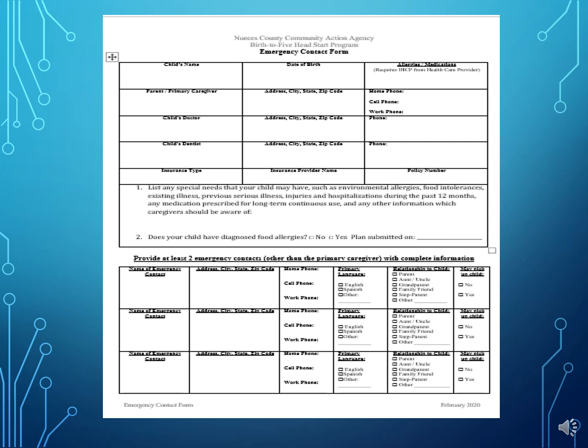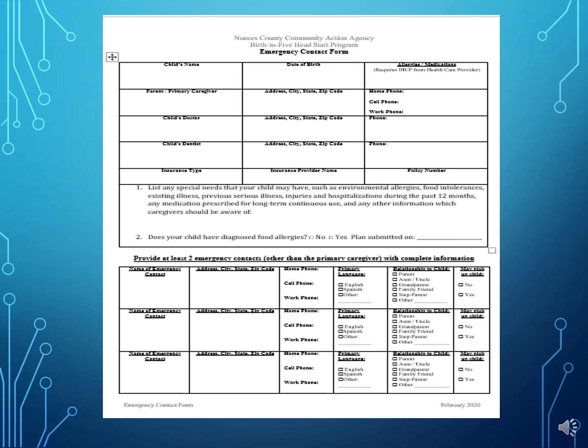Anything that the child may be allergic to or have reactions to needs to be listed there. And if there is something listed there, then the child is required to submit an IHCP so we can have that information on file.